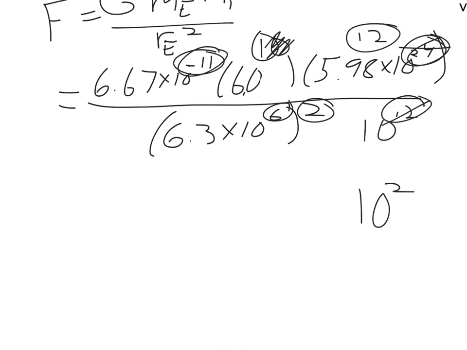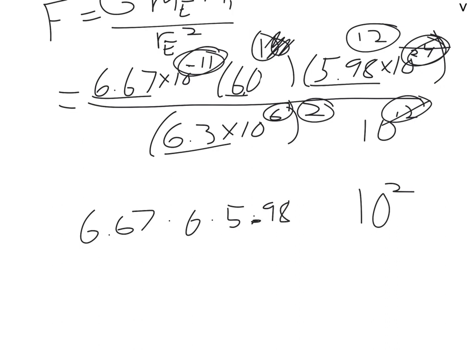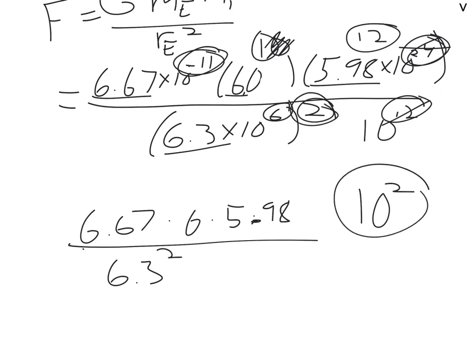So let's take the numbers then that are not tens. This is 6.67 times 6 times 5.98 on top. Let's make that look like a decimal and not a multiplication. On bottom it is 6.3 squared. That I can type into a calculator, and I just have to multiply it by 100 when I'm done.